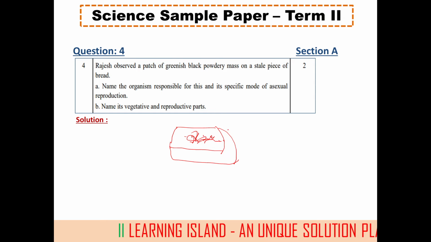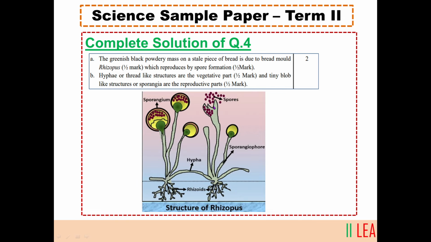It has been asked to name the organism responsible for this and a specific mode of asexual reproduction. You have to mention that what has been produced here happened because of asexual reproduction. So it is definitely Rhizopus. Now let us see the pictures actually. So this is the final answer of the question.